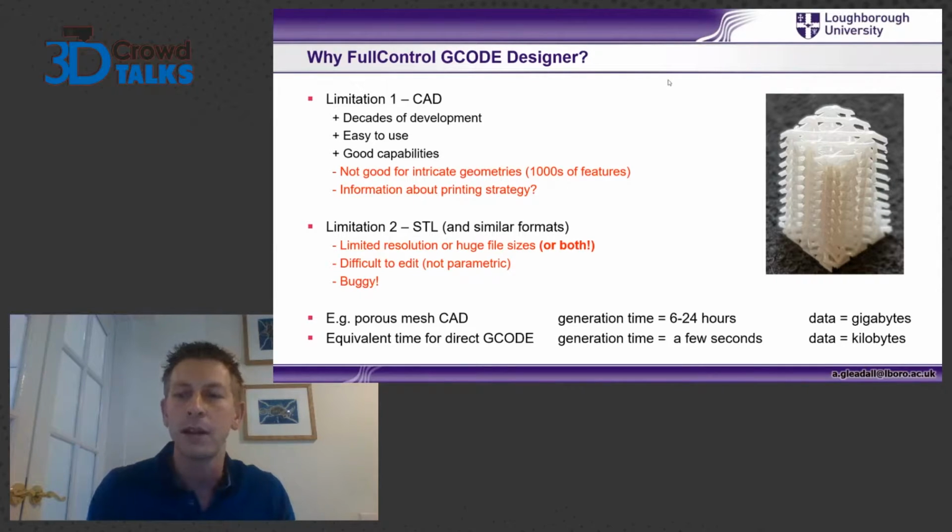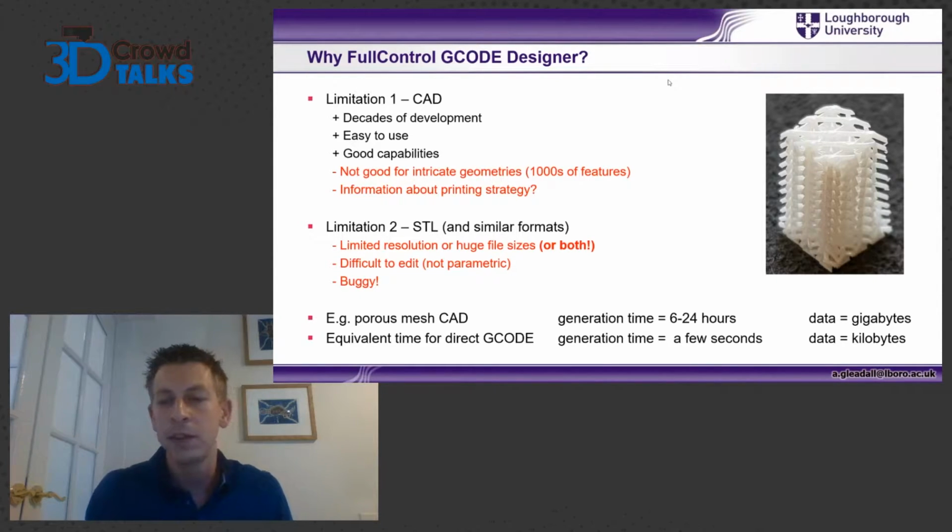And when you start thinking about anatomical models for, say, a cranial or something, it's really difficult to get that level of geometric detail into CAD. And even more so, putting it into an STL file. Once you've got your CAD file, you then save it as this STL file, which is just another format for a 3D model. And that has really significant limitations on these sorts of structures.